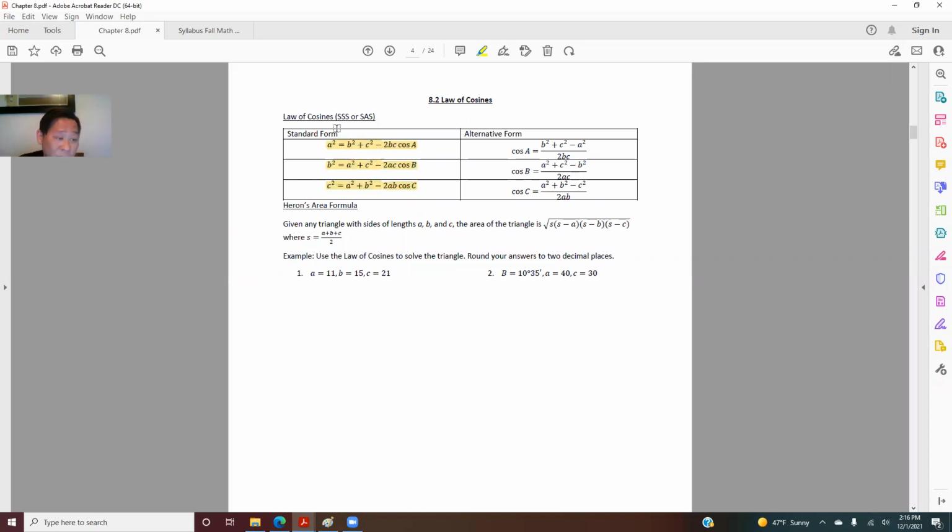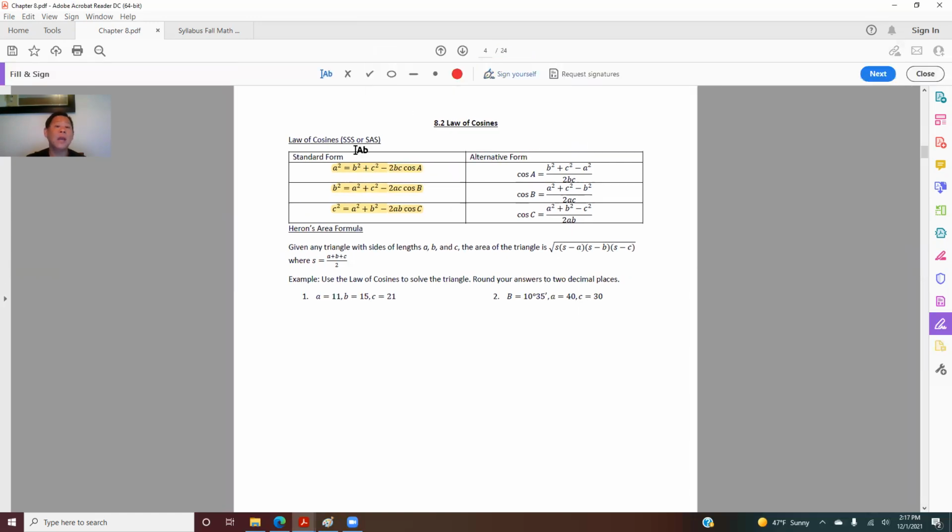It looks like the Pythagorean theorem: a squared equals b squared plus c squared, and then you minus 2bc cosine A. Or you can switch around: b squared equals a squared plus c squared minus 2ac cosine B, or the other way around. Again, this form has a square, so you need to take the square root of it. A lot of students forget to take the square root. And this form is used if a question wants you to find the side.